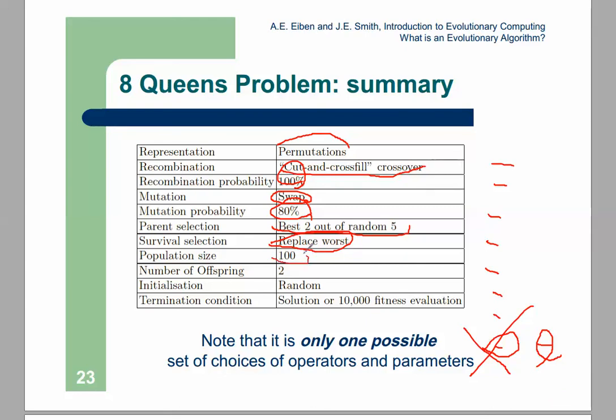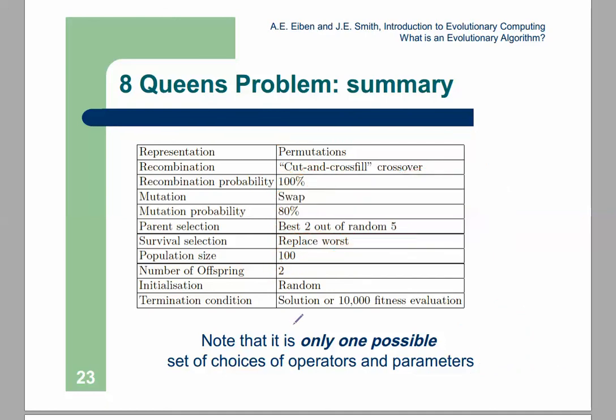Population size is 100 and number of offspring for crossover is 2. Population initialization is random, and the termination value is execution of 10,000 fitness function evaluations.